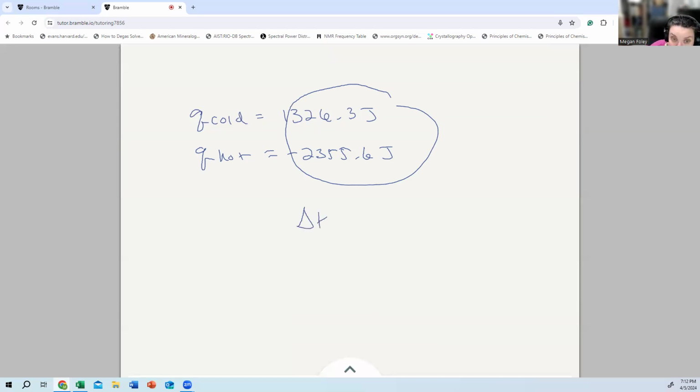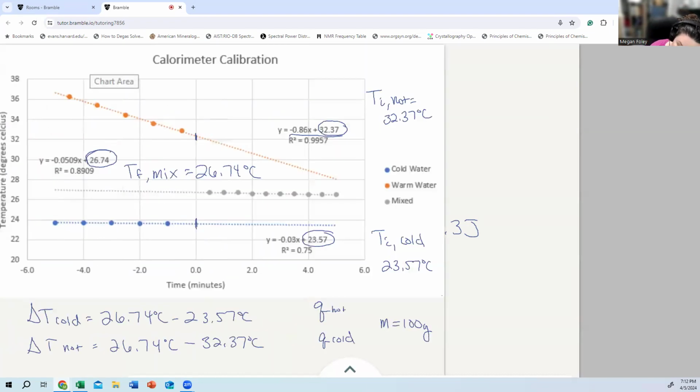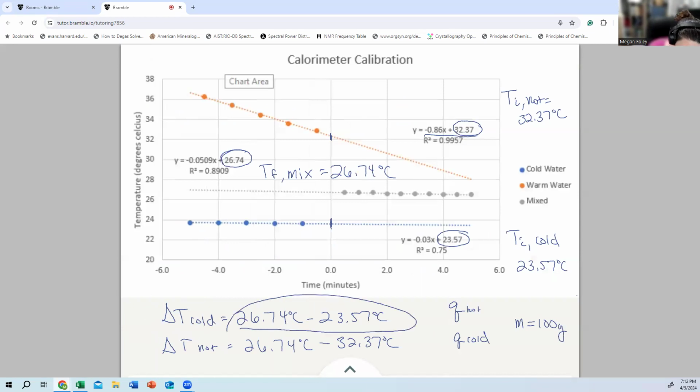So our delta H lost, so how much we lost here, is going to be 1029.3 joules, which we will then divide by our delta T of our cold. So this right here.